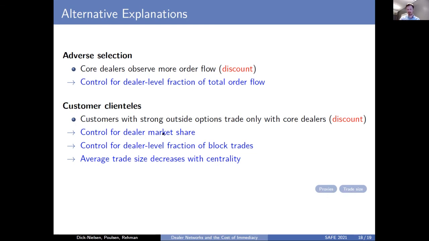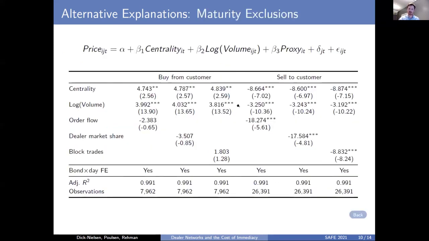So we control for the dealer market share as an inverse proxy of customer bargaining power. In addition, we also make a proxy based on the dealer level fraction of block trades, where the underlying assumption is that a block trade comes from a more sophisticated investor. But again, using both of these proxies, we basically find that our main result remains exactly the same as before.